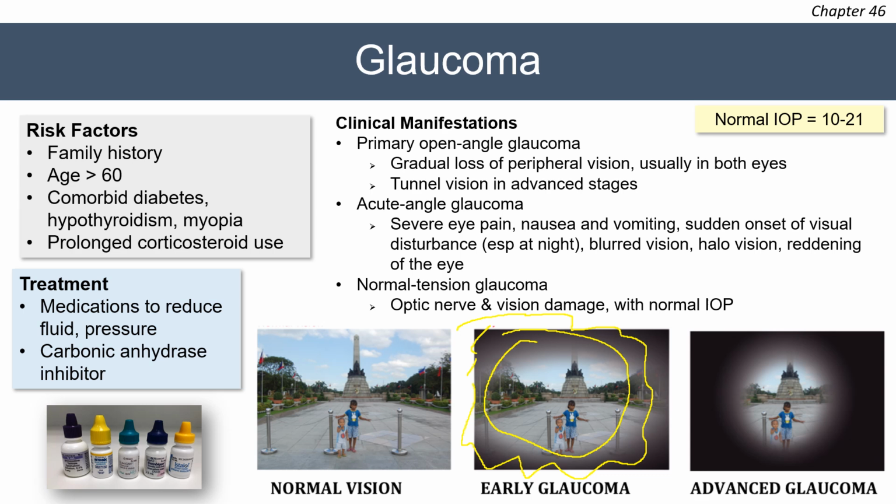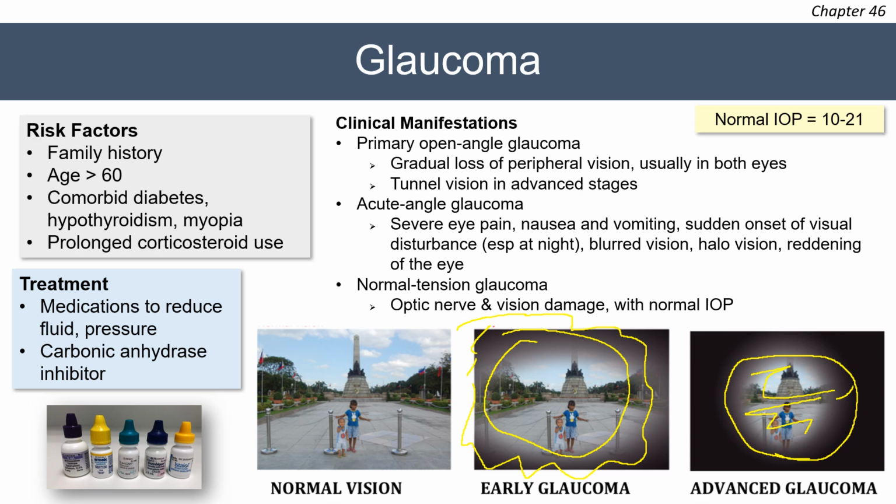It is possible, but not that common. And as the disease progresses, you will eventually have tunnel vision, meaning you'll only be able to see centrally like this. Okay, so remember, primary open angle glaucoma is going to be gradual loss of peripheral vision, no pain involved, and it's usually going to be both eyes.